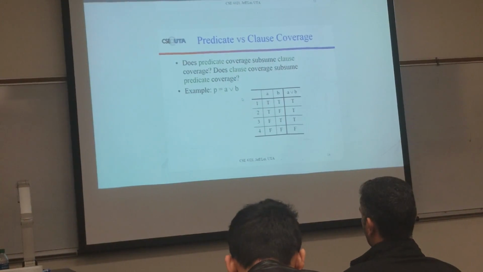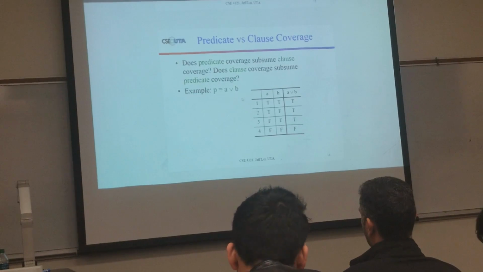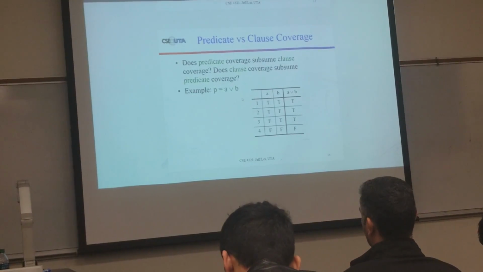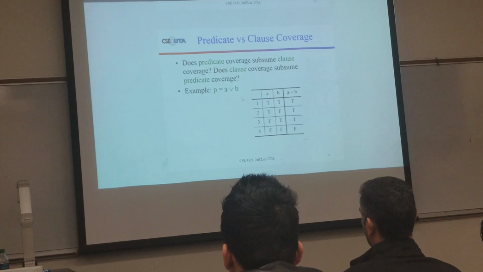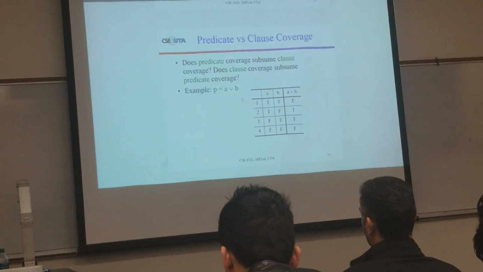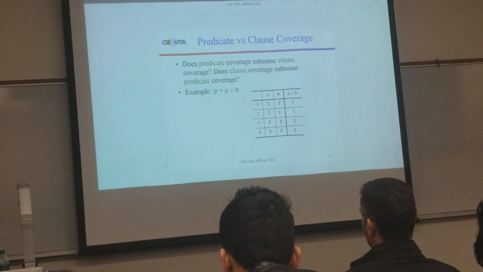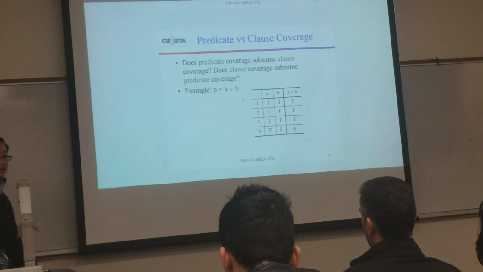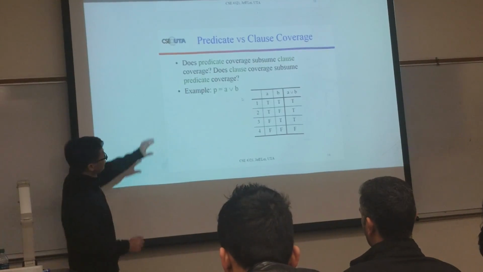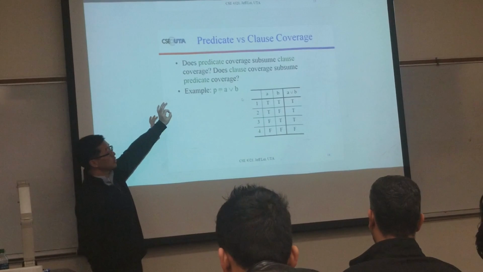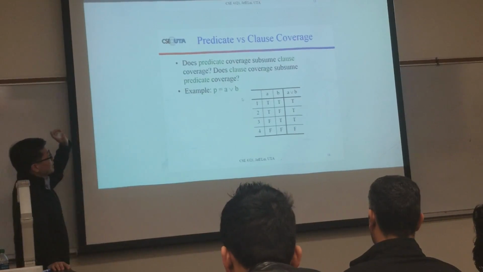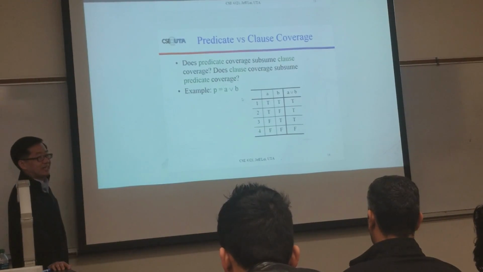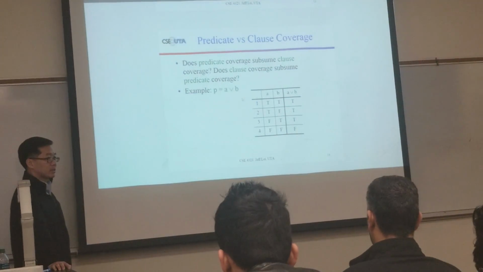Is predicate coverage stronger than class coverage, or does it subsume it? Remember the definition. When I say a coverage is stronger than or subsumes the other coverage, it means any test set that satisfies the stronger coverage should satisfy the weaker coverage. So in this context, the question is: does any test set that satisfies predicate coverage also satisfy class coverage?